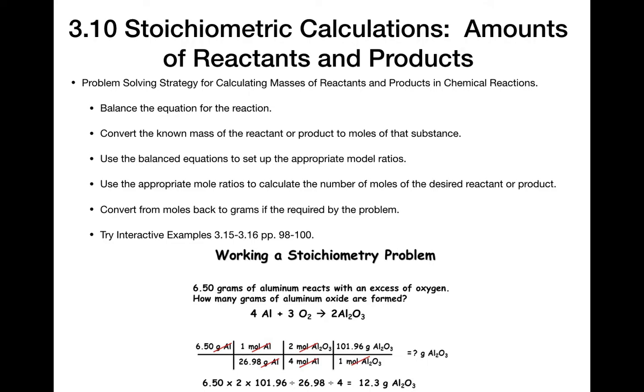Then we multiply by 101.96 grams, which is the molar mass of aluminum oxide, over 1 mole. And units all cancel out, and we get 12.3 grams of aluminum oxide. So that would be a typical ECMS stoichiometry problem. Notice instead of stopping at the end of each step, this particular problem strings them all together.